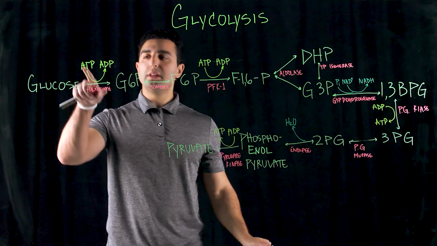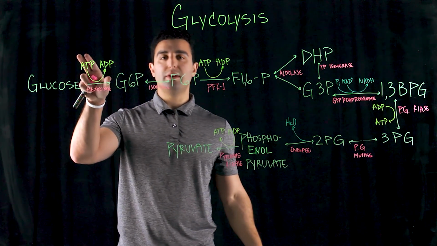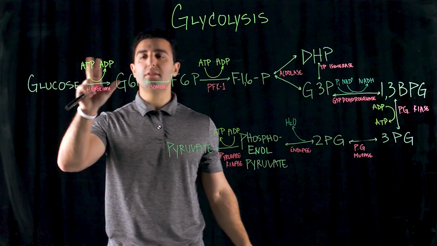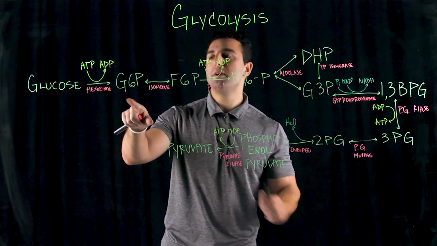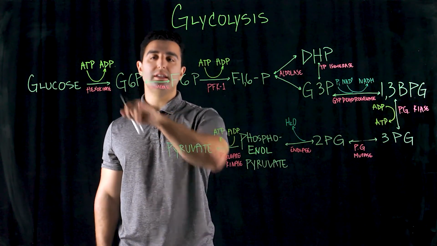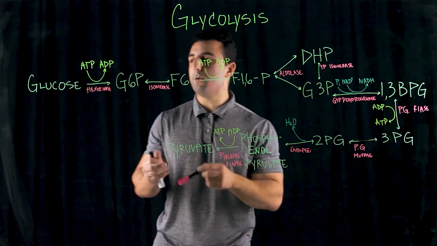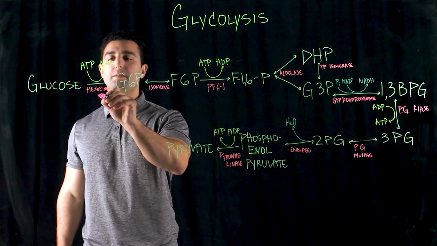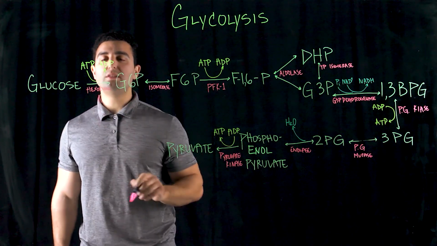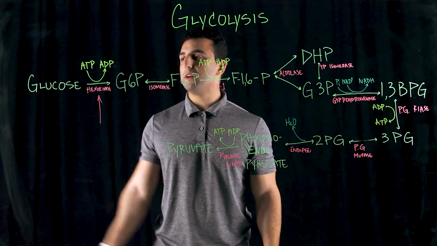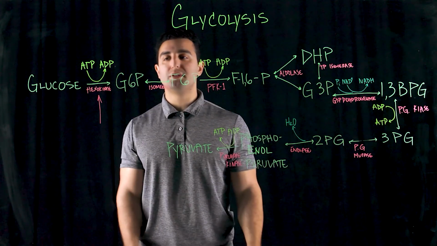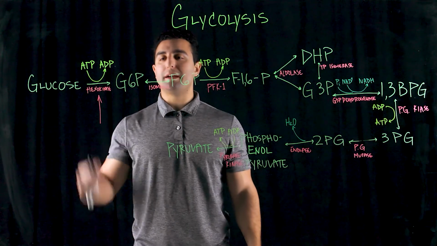It utilizes ATP, adenosine triphosphate, and transfers one of the phosphate groups onto the glucose molecule. So now you have G6P, glucose 6-phosphate. Another important factor about this first step: it is a rate determining step, meaning it is irreversible. As soon as glucose gets converted to glucose 6-phosphate, it does not revert back.